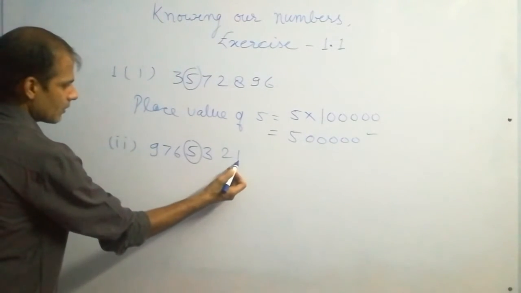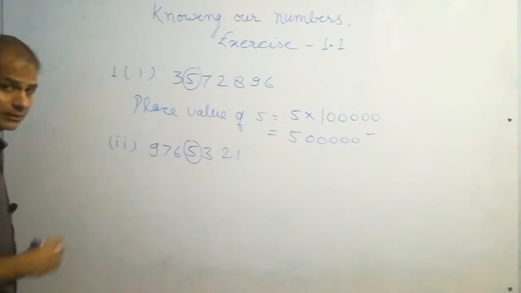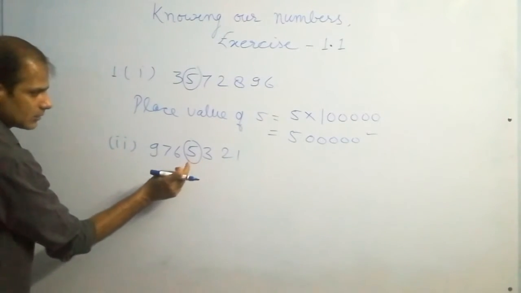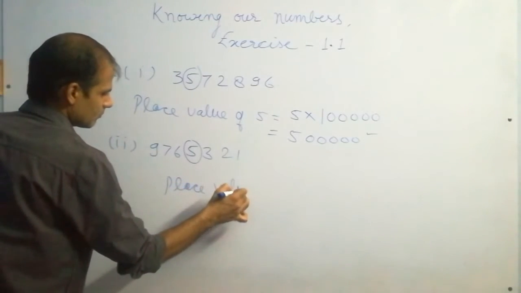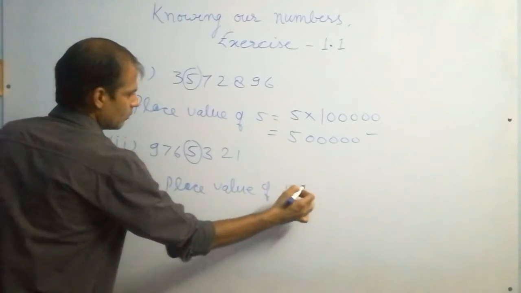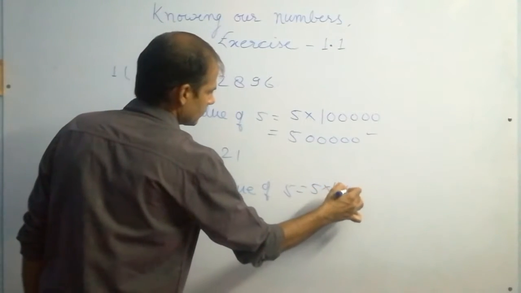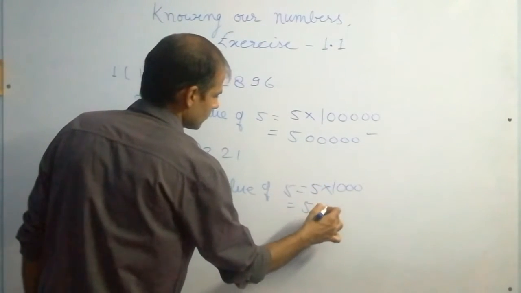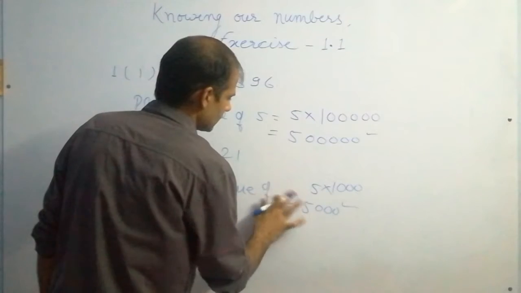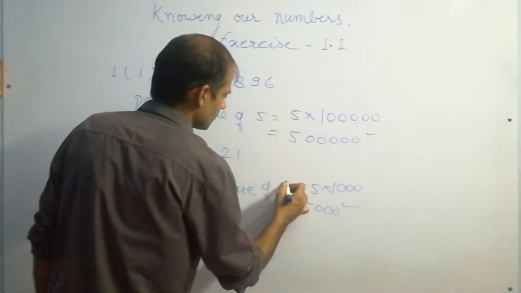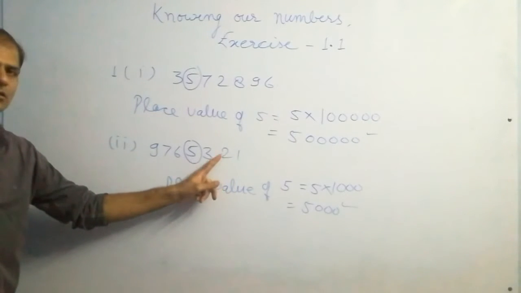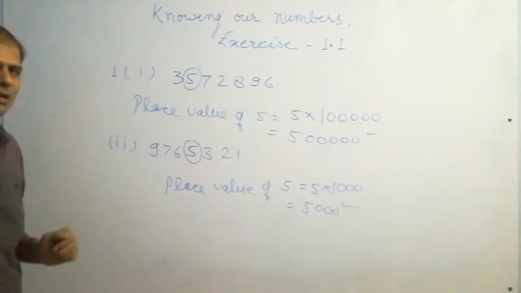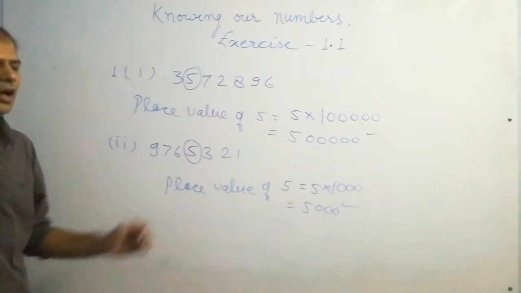You can see the place of 5 is thousands: ones, tens, hundreds, thousands. So the place value of 5 is 5 into 1000, and that is equal to 5000. Again see, ones, tens, hundreds and thousands. So multiply 5 with 1000, you will get the answer.